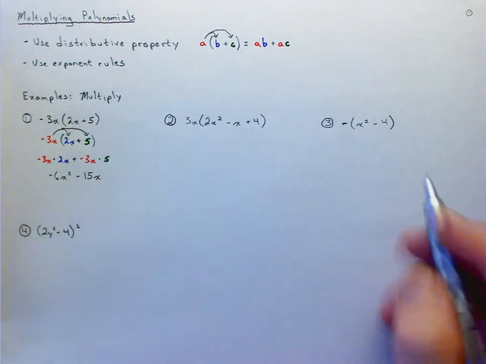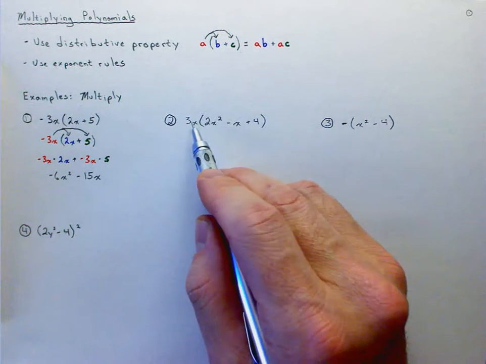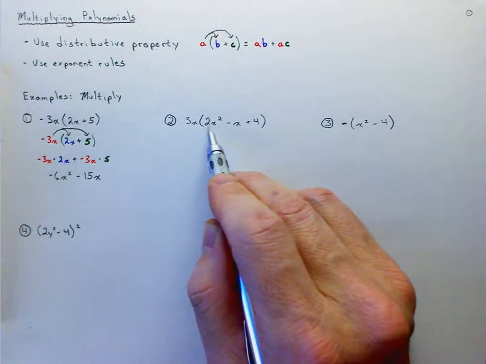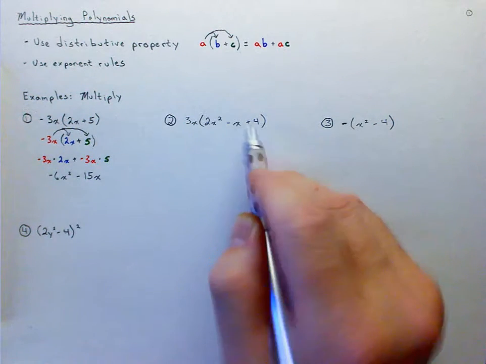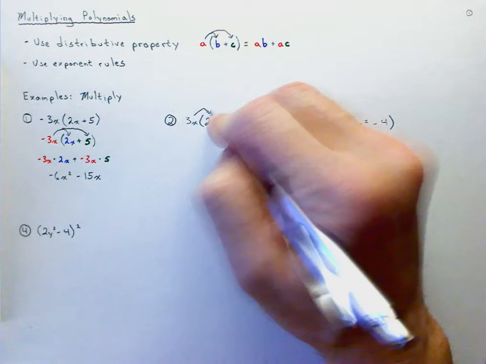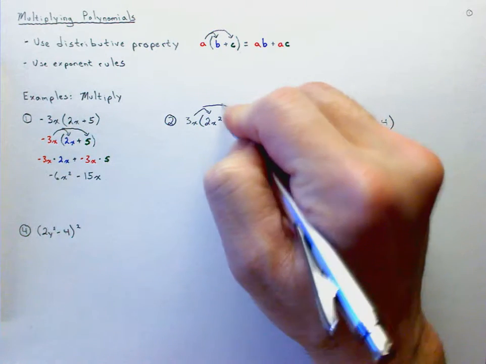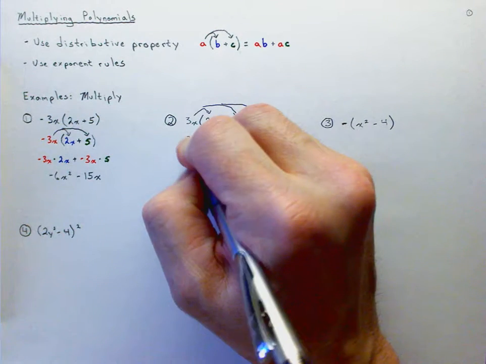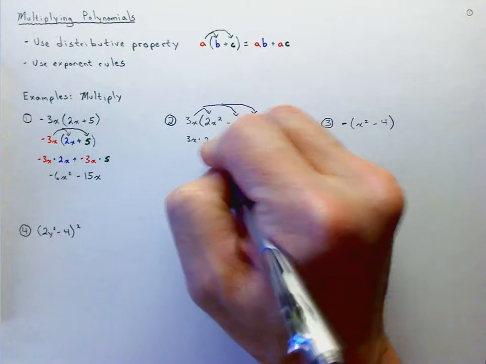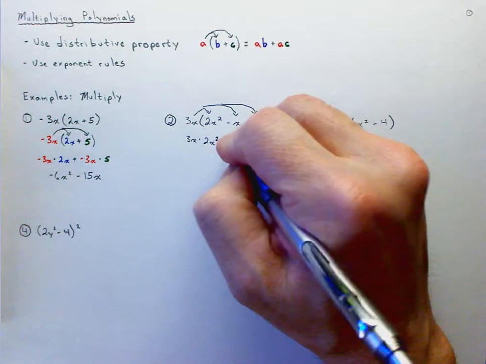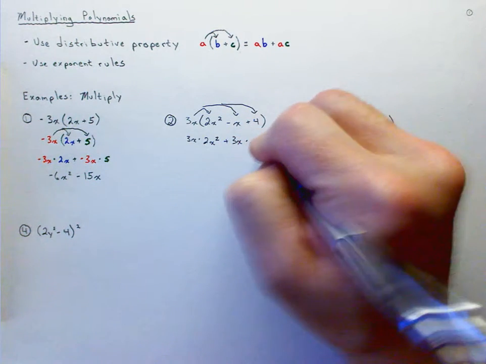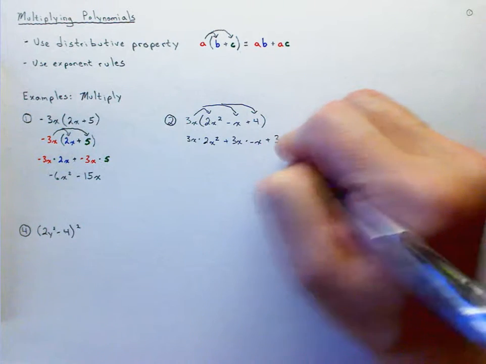Okay, so for my first one, I'm going to take that 3x and distribute it. This is a monomial, and this is a trinomial, 3 terms. So I'm going to take that 3x and multiply it to all of those terms inside that set of parentheses. 3x times 2x squared plus 3x times a negative x plus 3x times 4.